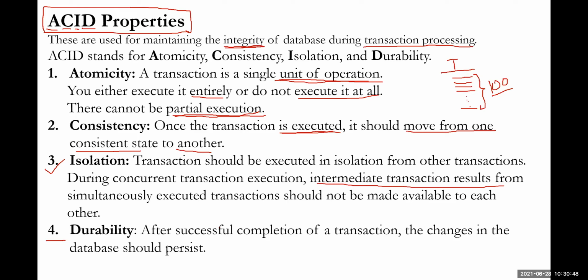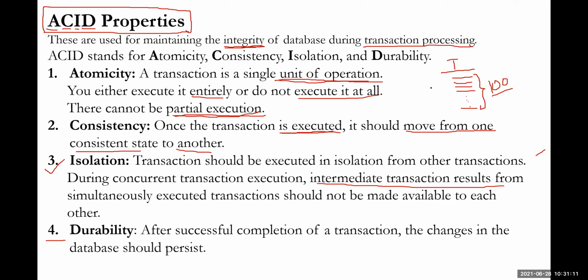Atomicity means the entire transaction is executed at once and no partial executions will be entertained. Consistency means that on execution of one particular transaction, the transaction must take the database from one consistent state to another consistent state.